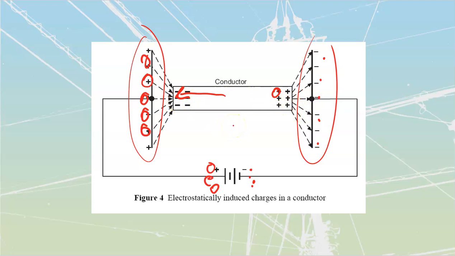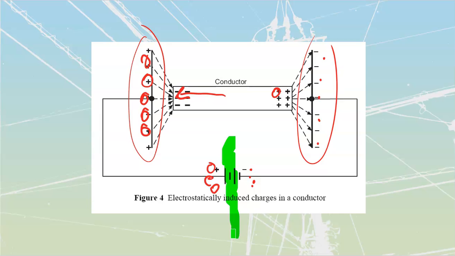So for a split second, when we dump this conductor inside of that field, that electrostatic field is going to pull electrons towards one end, push holes towards the other end. What's holding them on here? Well, it's going to be ultimately the charge separator that we have, the chemical that we have inside of that battery. Or if we take a look at generators or transformers or anything like that, it's going to be the magnetic forces that we would have off of those.